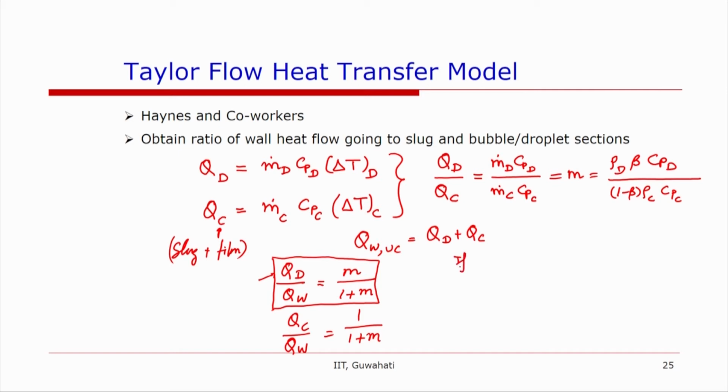If d is gas, then we can see that m, because beta and 1 minus beta will be equivalent numbers, Cpc are also equivalent, and because rho gas is very small when you compare it with that of liquid, m is almost negligible. So, you can neglect it.